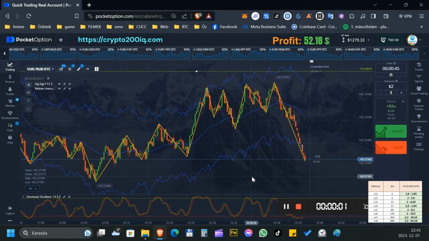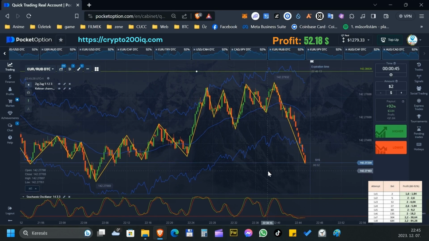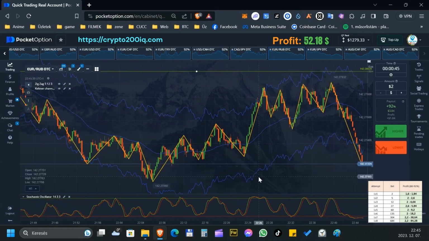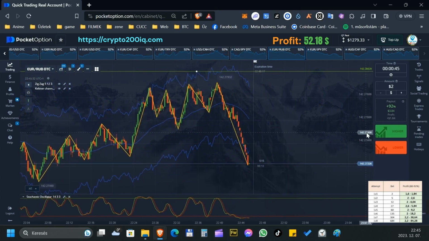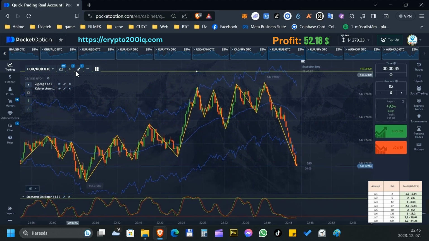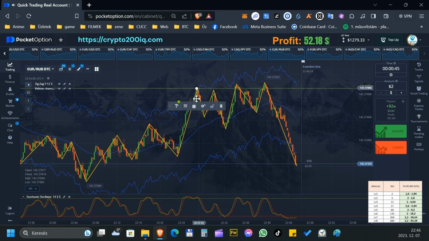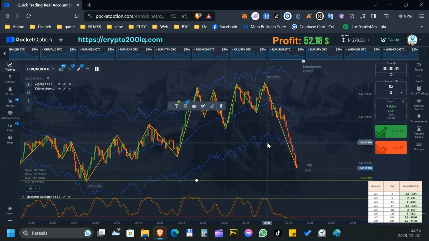And here it is. A bunch of red candles, sooner or later there will be a turnaround. We mark where the first turning point might be.